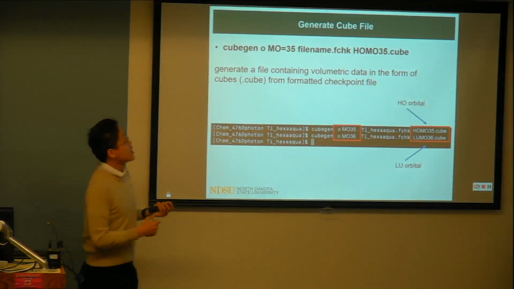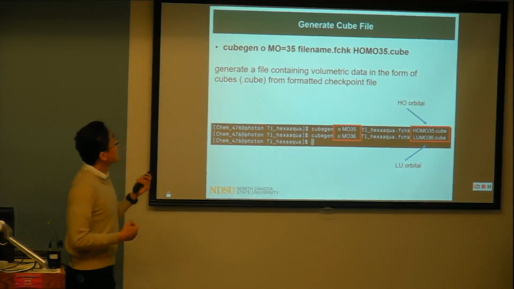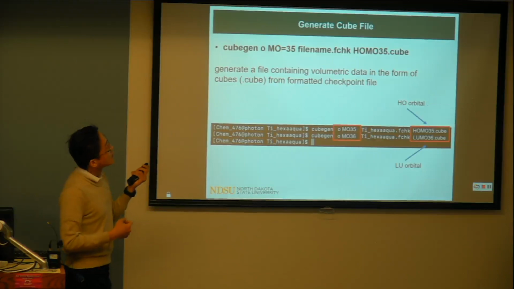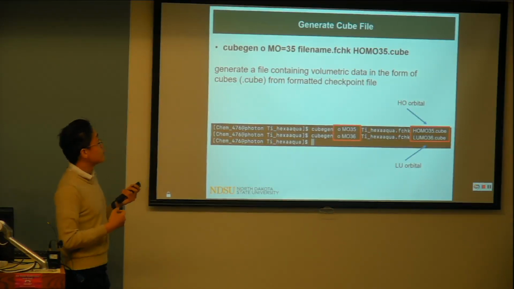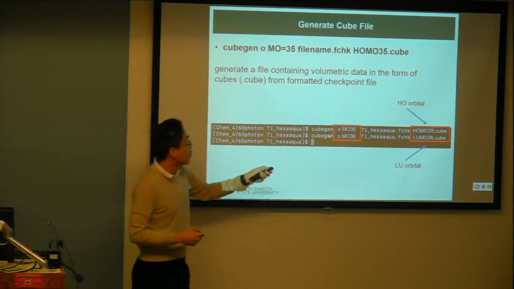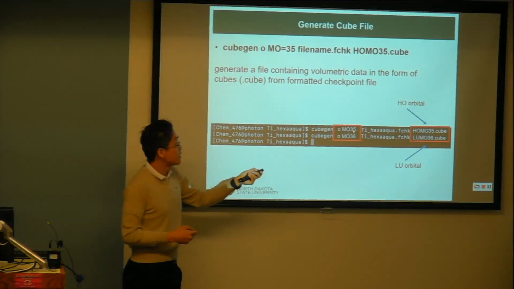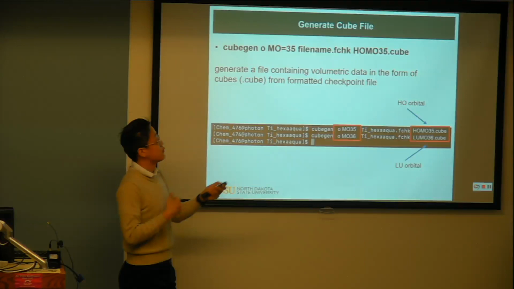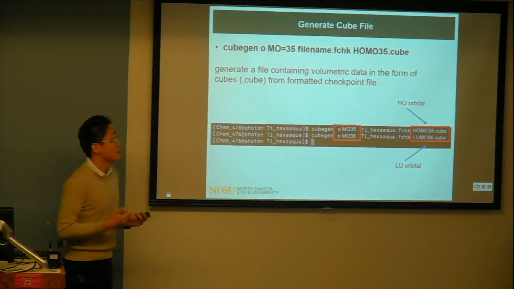So then we'll generate the cube file containing the volumetric data by using this command. And here, the O means orbital, and these values here mean which orbitals we want to plot.